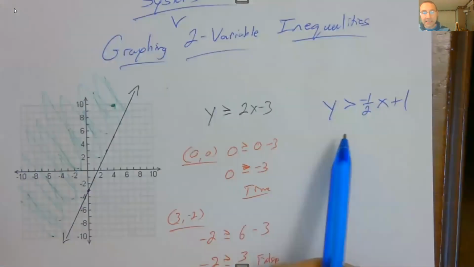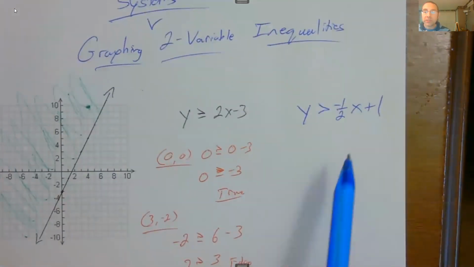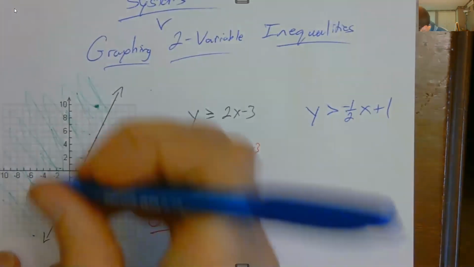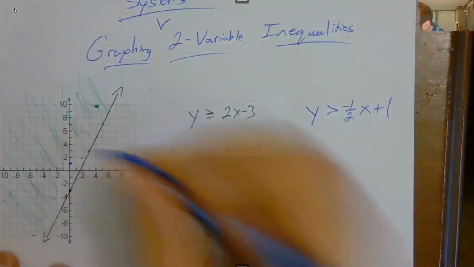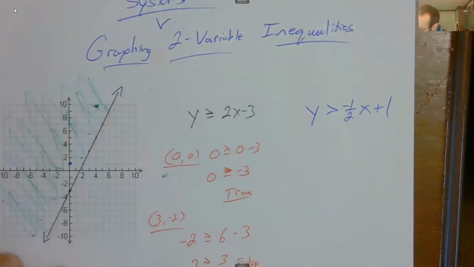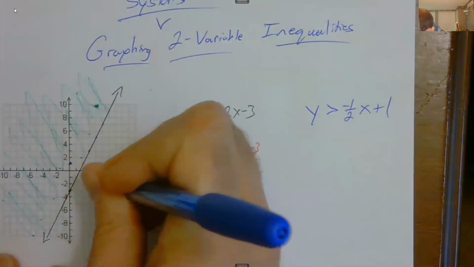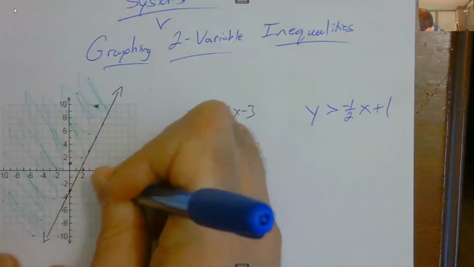So now I'm looking at the line y equals negative 1/2 x plus 1. That is my boundary line here. So I have a y-intercept of 1 and a slope of negative 1/2. So I go down 1 over 2, down 1 over 2, down 1 over 2, down 1 over 2.